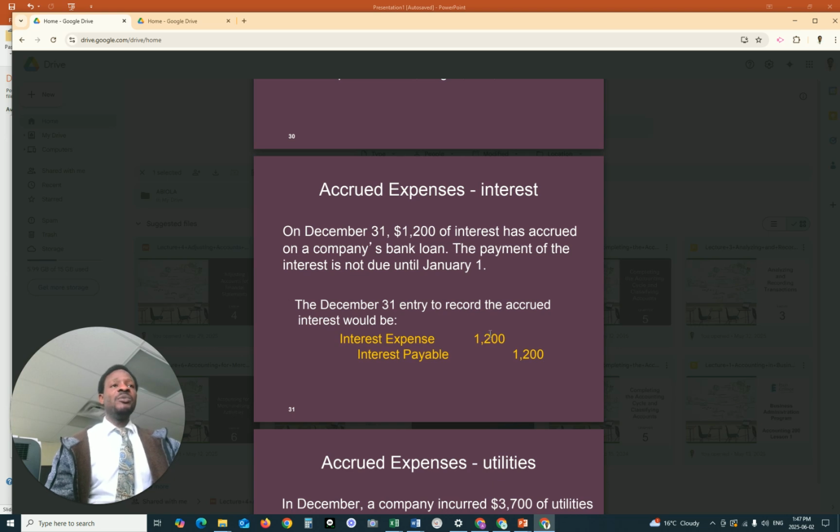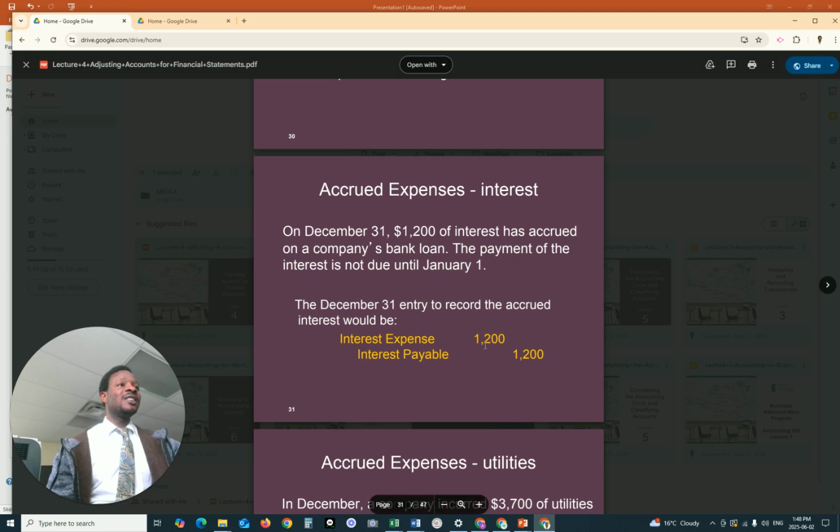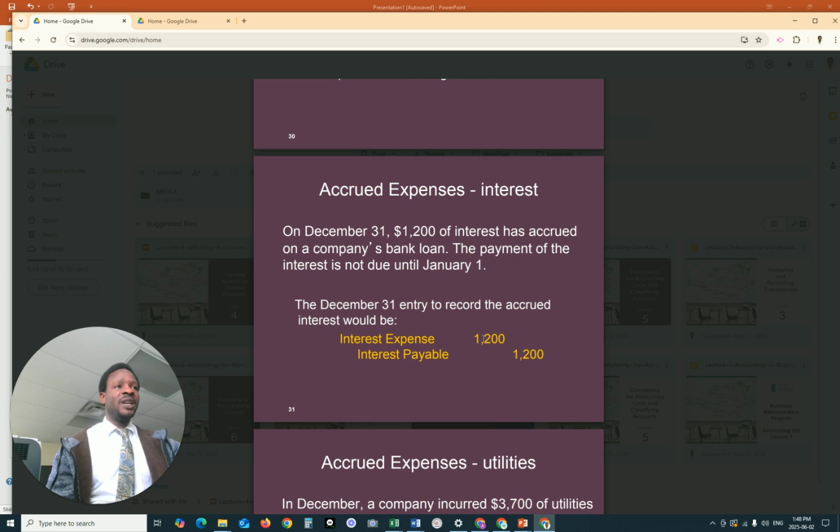And remember, when we talked about the matching concept, regardless of when you pay an expense, or regardless of when you receive income earned, it must be recorded at the time they are being incurred or earned respectively, and matched all together. So interest expense that you have incurred must be debited even if you have not paid it.